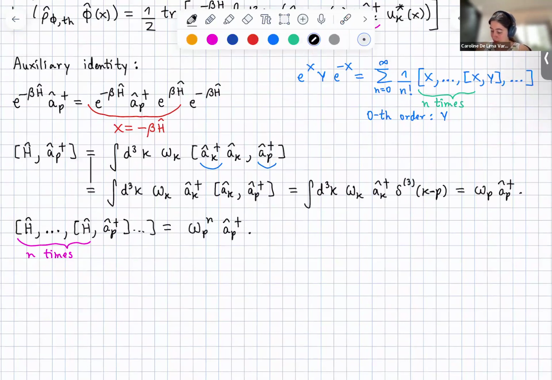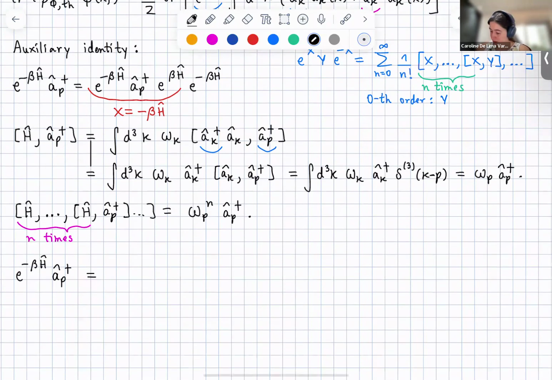So what we have is e to the minus beta h AP dagger. I'm just copying whatever I had here. This is going to be equal to, now plugging in the formula to replace this first part, the summation from n equals 0 to infinity of 1 over n factorial.